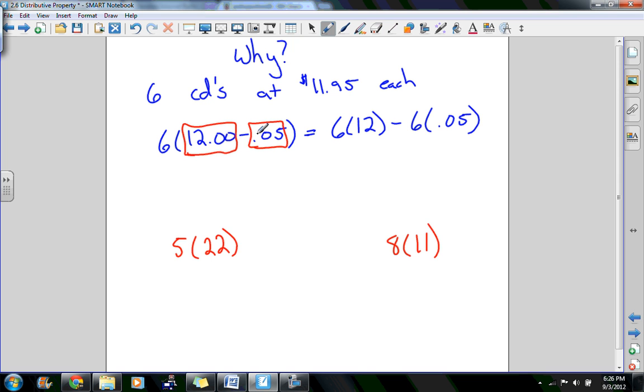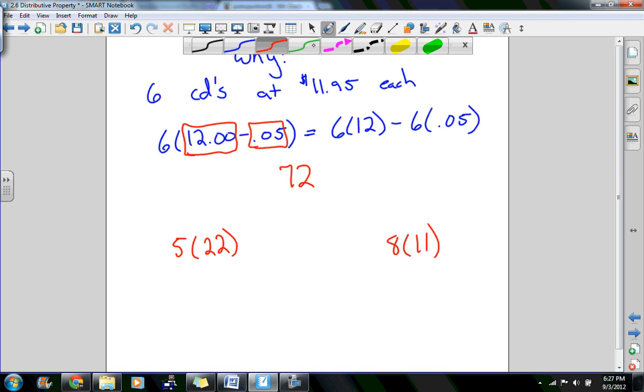Now, you're not necessarily going to sit in a store and do this estimation, but what you are going to do, and I guarantee all of you will at some point, you're going to say, well, 6 times 12, well, that's $72. So my answer should be just a little bit less than $72. That type of estimation is really, really helpful.